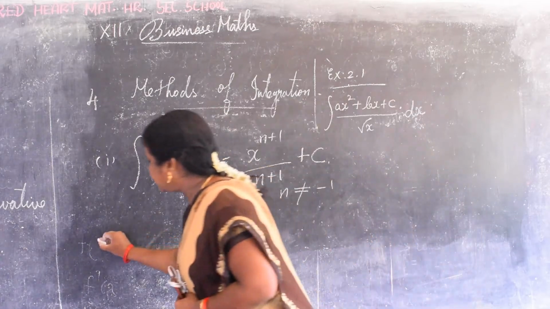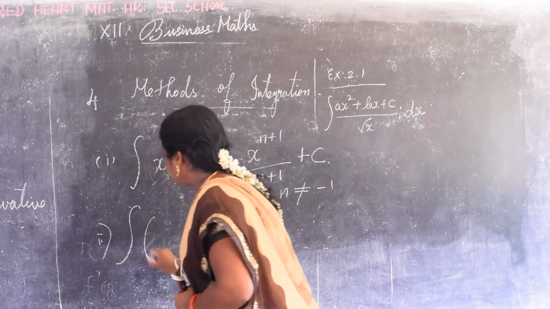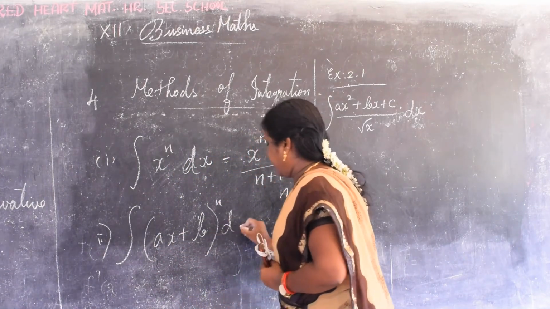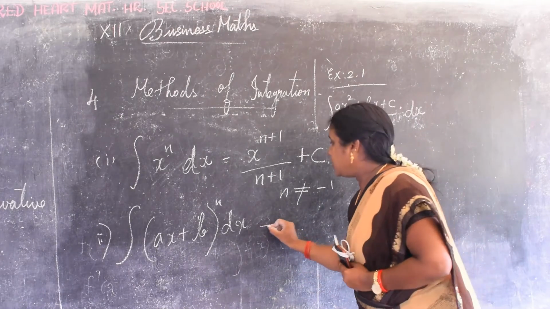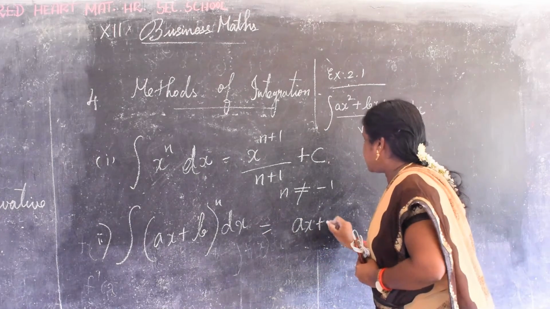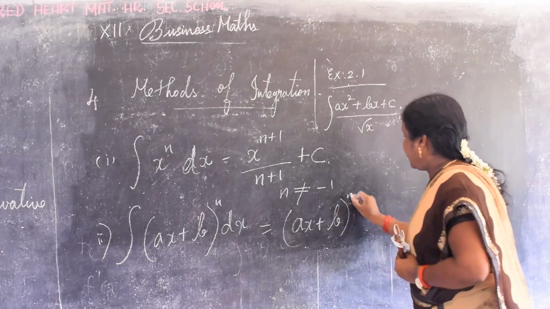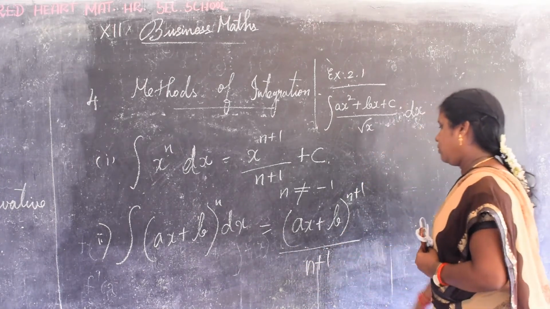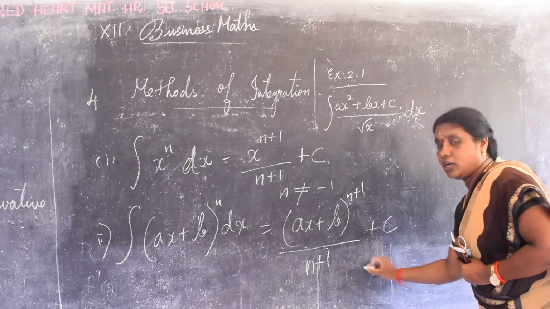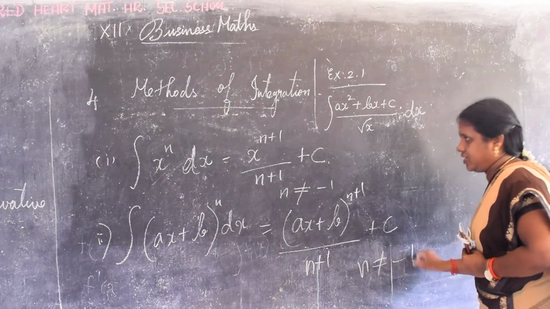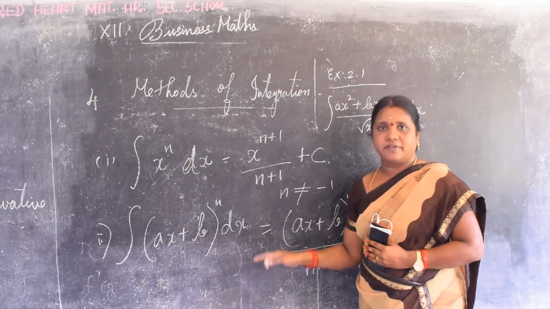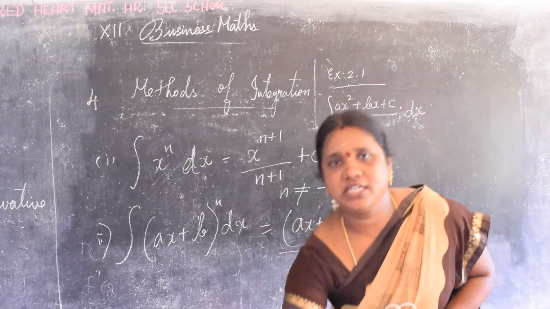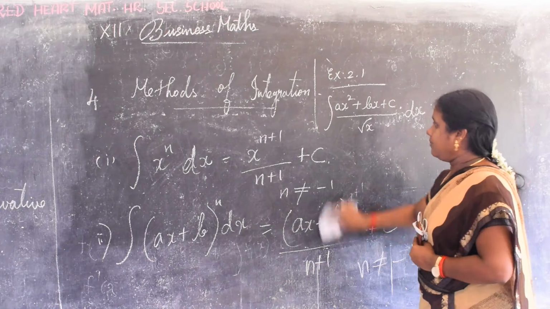Next, the second result is integral of ax plus b whole power n dx, equal to ax plus b whole power n plus 1 divided by n plus 1 plus c. Here also n should not equal minus 1. These two results only we are going to use in our first exercise 2.1. Have you understood? Next I will explain one example problem.